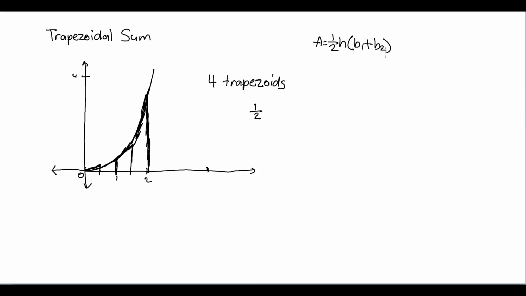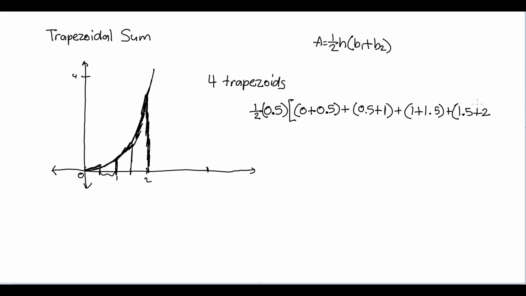So because the height will be the same, this is your height, you can factor it out: 1/2 times the height times base 1 plus base 2, then base 1 plus base 2, base 1 plus base 2, base 1 plus base 2.